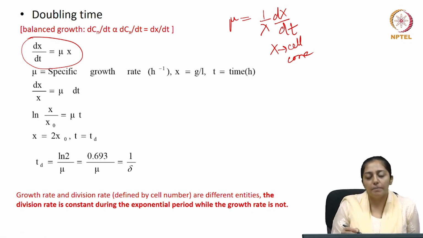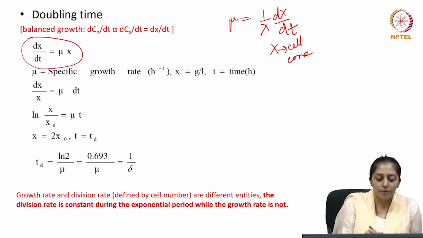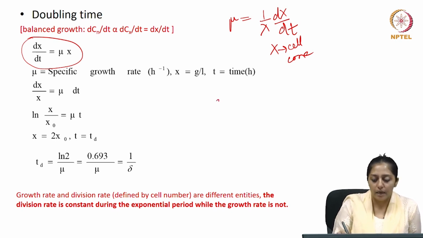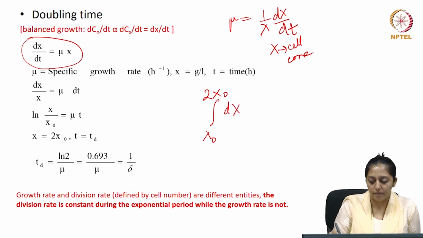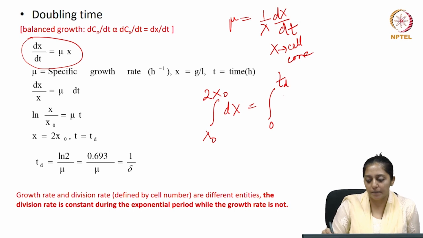So, the doubling time means the time taken to double the cell concentration, which means that if you integrate this equation and put the limits as x naught to 2x naught, we need to find that doubling time.